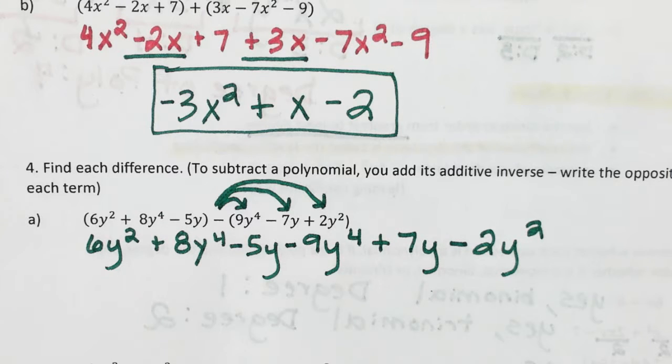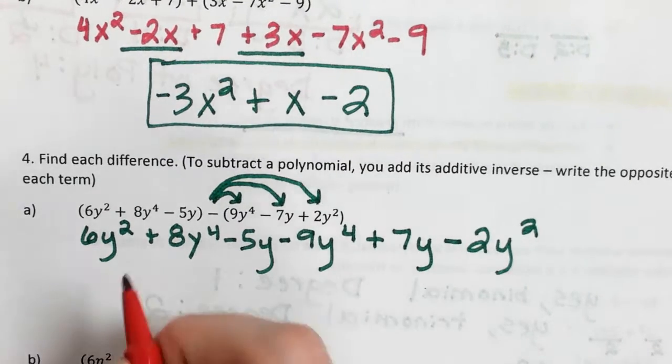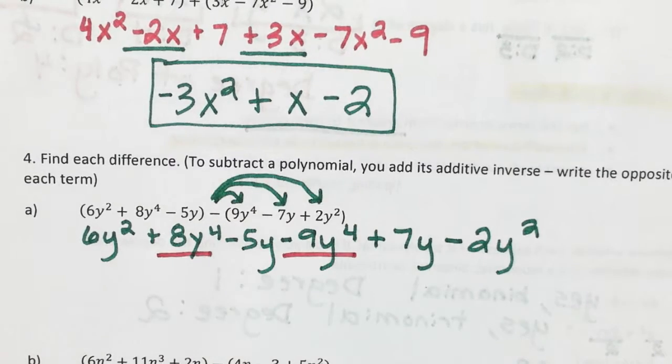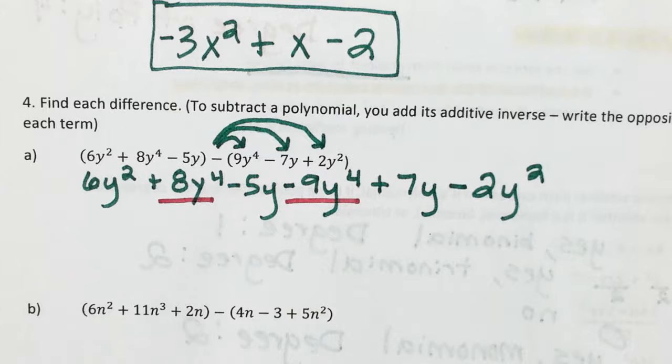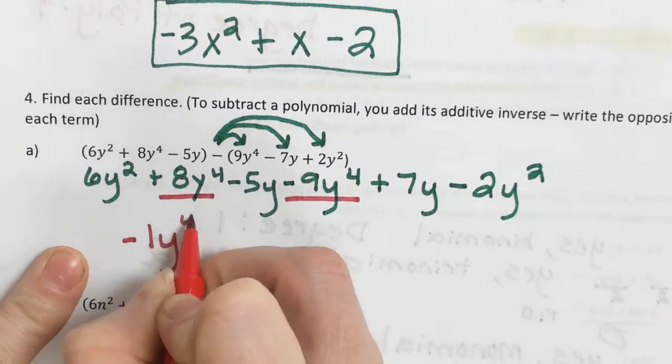Watch how I do this stuff. Don't go ahead of me right now. The first like terms that I want to add together are these. Okay, the reason I'm doing those first is because they have the highest degree. You have to write your answers in standard form. Okay, so I'm going to write -1y to the 4th.